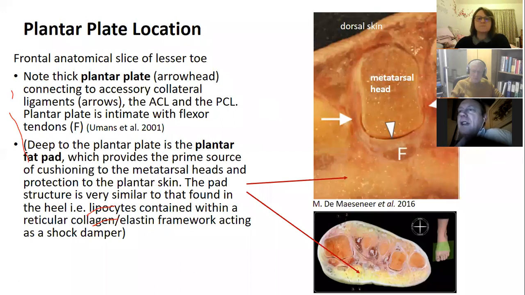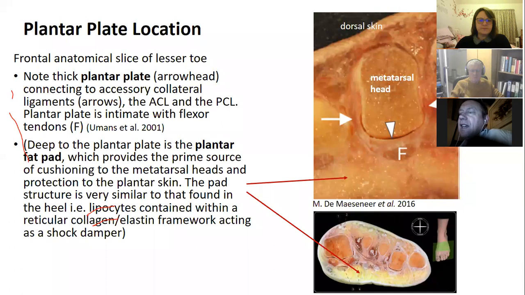Okay, just to show you a bit more detail about where it's located. If you think of this picture on the right-hand side where you see dorsal skin, that's the dorsal skin of your foot, and there's been a transection slice right through the met head, okay? And we can see, so on the notes it says, note the thick plantar plate, which is the arrowhead, the filled in arrowhead pointing underneath that metatarsal head.